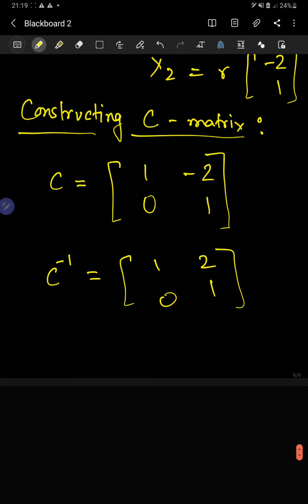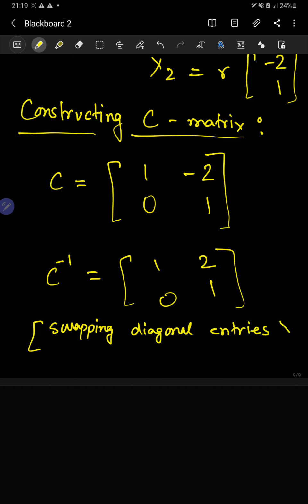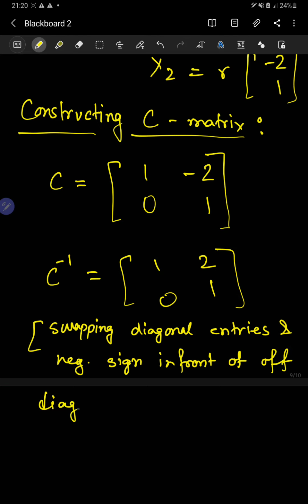You can of course follow other procedures, but this is the shortest way. Let me write it here: swapping diagonal entries and a negative sign in front of off diagonal ones.